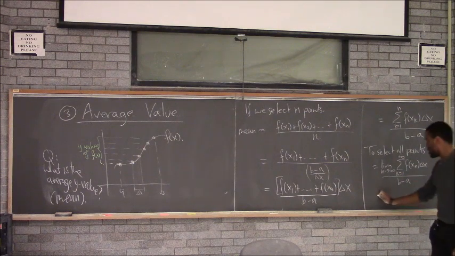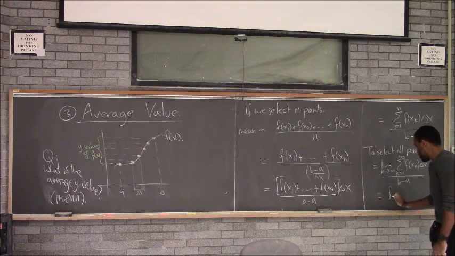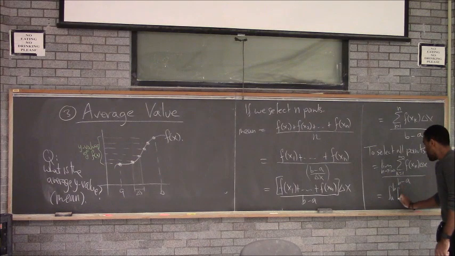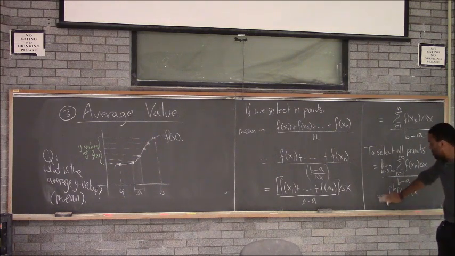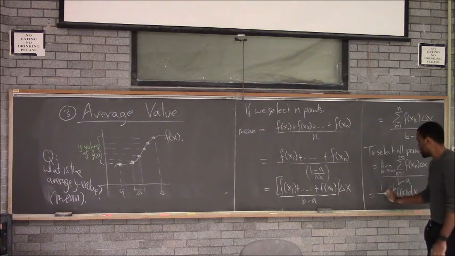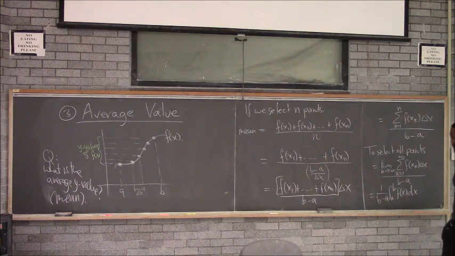And of course what you end up with is the integral from a to b of f of x dx by definition, and you'd end up dividing by 1 over b minus a.